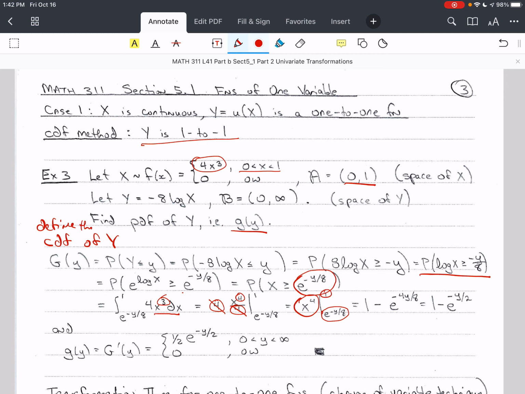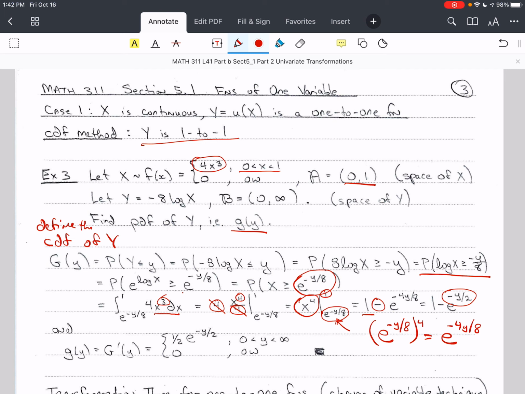And so I first plug in 1, and that gives me 1 to the 4th, which is 1, and then subtract, and then I plug in the bottom limit, e to the negative y over 8. Well, e to the negative y over 8 to the 4th, what we do is we multiply exponents. That gives us e to the negative 4y over 8, which is e to the negative y over 2.